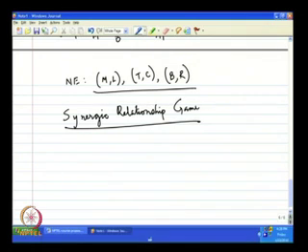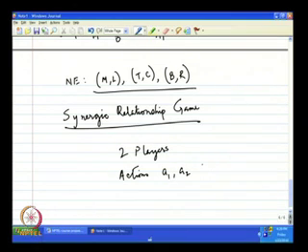And the idea is the following: I have 2 players, and the actions that they can take, let us call A1 the action of the first player and A2 the action of the second player. They can be any number between 0 and infinity. So, any non-negative number is allowed as an action.